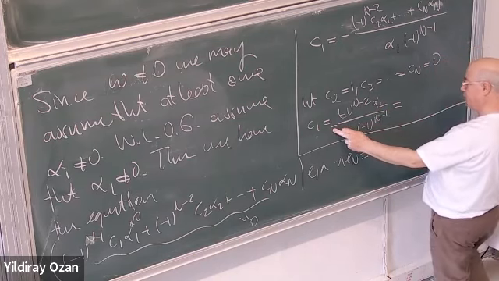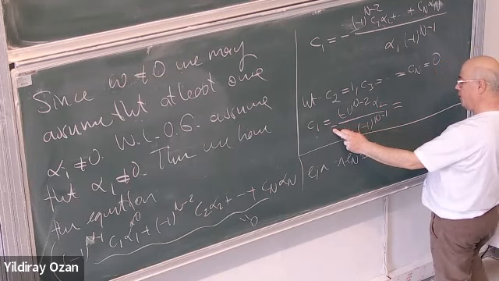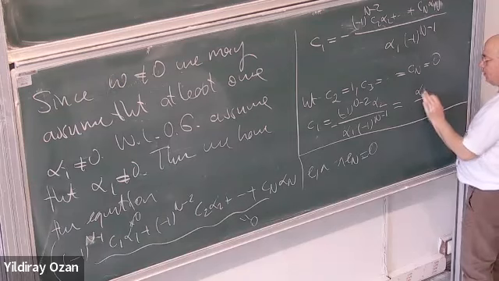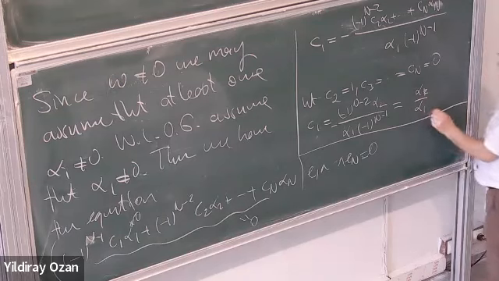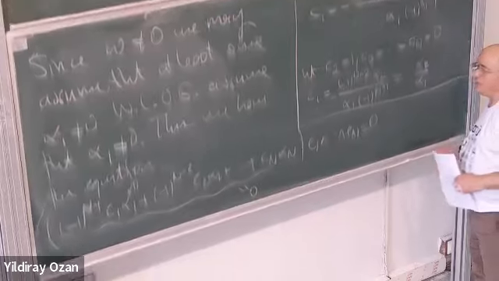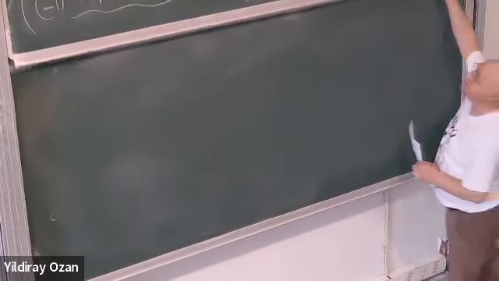So it will be plus 1. So alpha 2 over alpha 1, right? So we get the following vector.